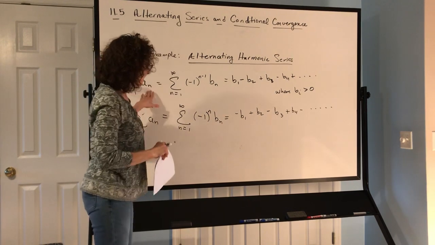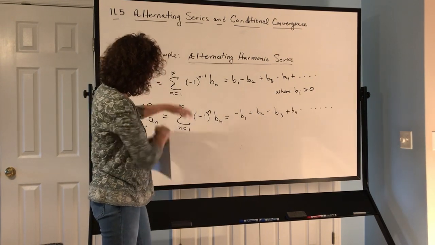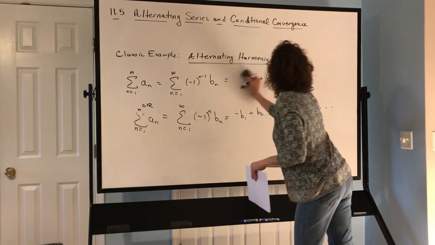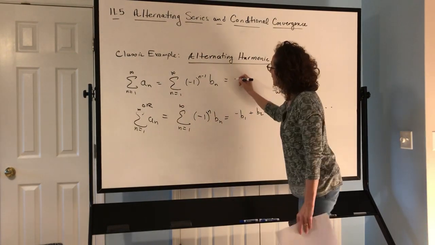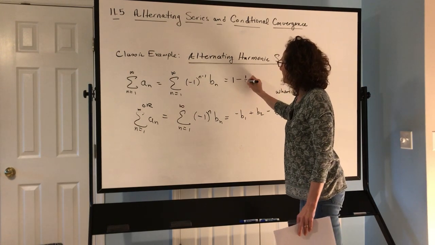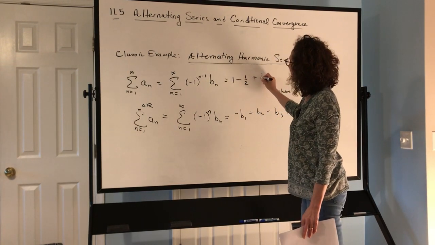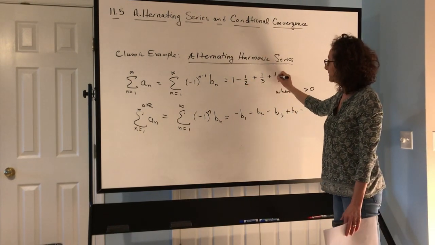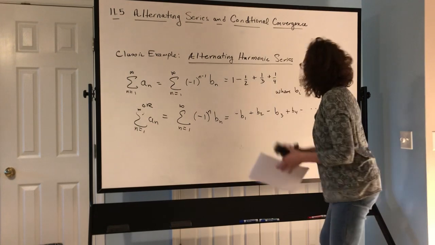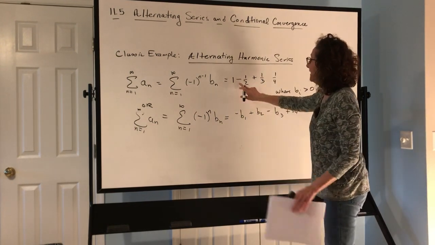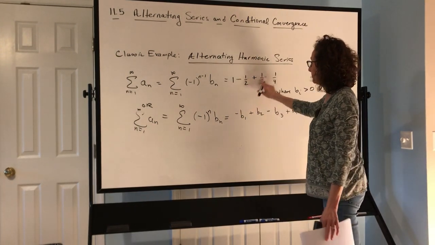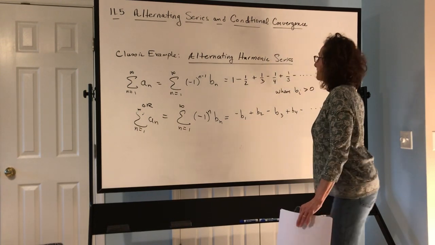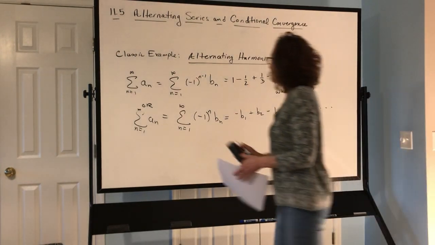We're going to be adding up 1 minus a half plus a third, right? The harmonic series is 1 plus a half plus a third plus a fourth. So the alternating harmonic series is going to alternate sign: plus, minus, plus, minus, plus, minus. Does that make sense? That's the alternating harmonic series.